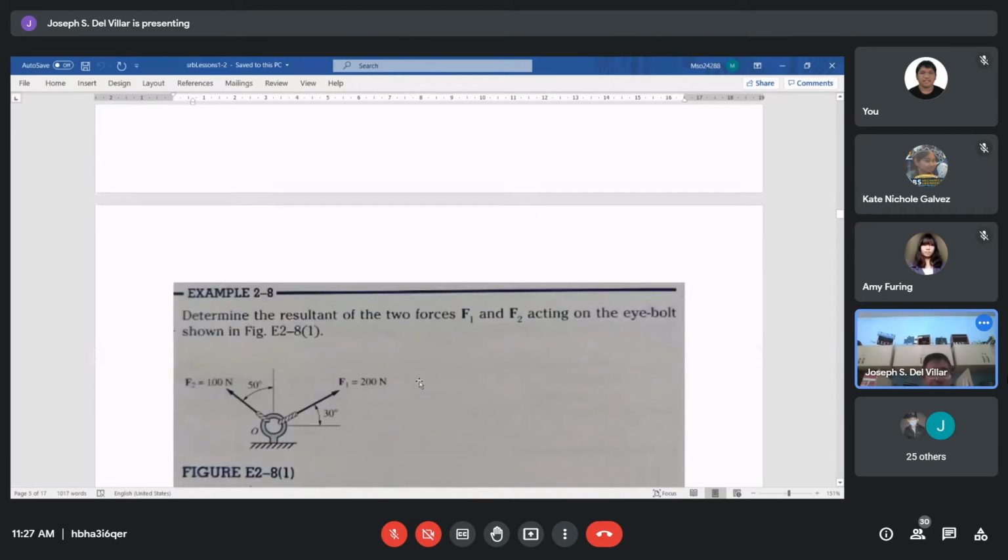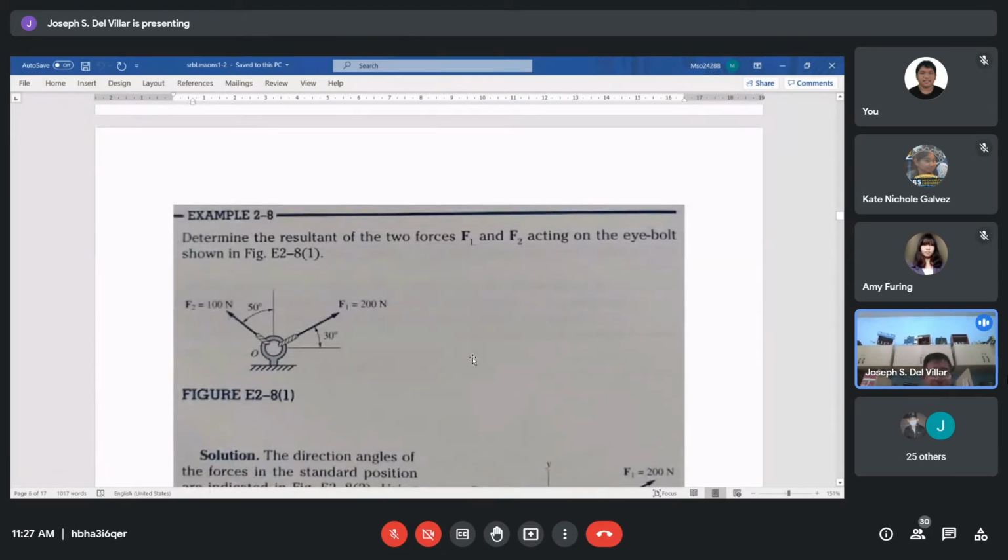Okay, let's take another example. Find the resultant of the two forces F1 and F2 acting on the eye bolt. So ito yung eye bolt may be fixed on the ground. So my eye bolt, and there is F1, 200 newton magnitude, directed 30 degrees above the positive x, considering that this is the origin, yung eye bolt.